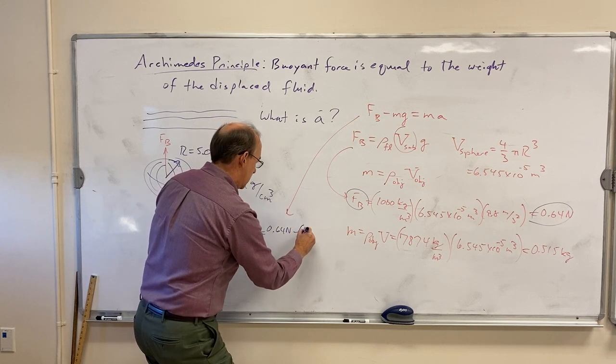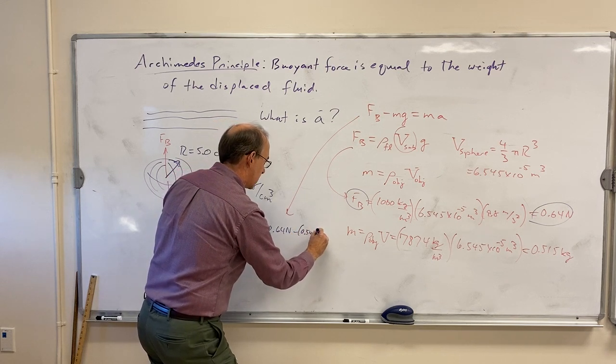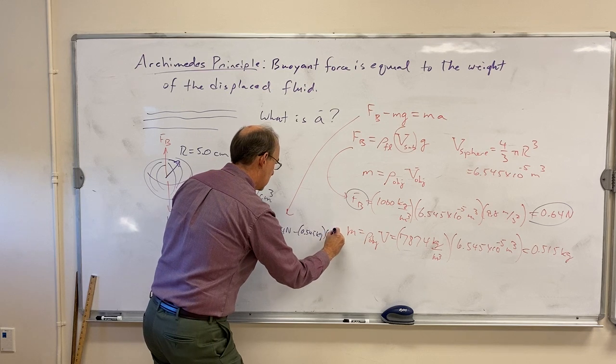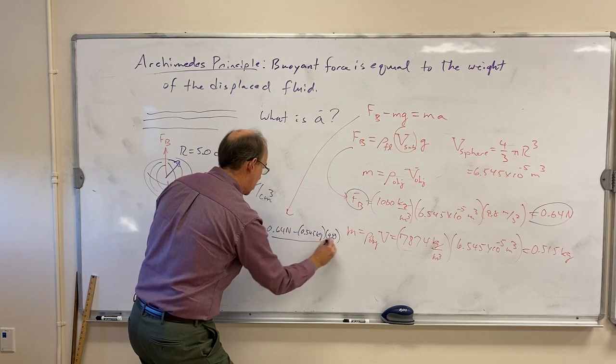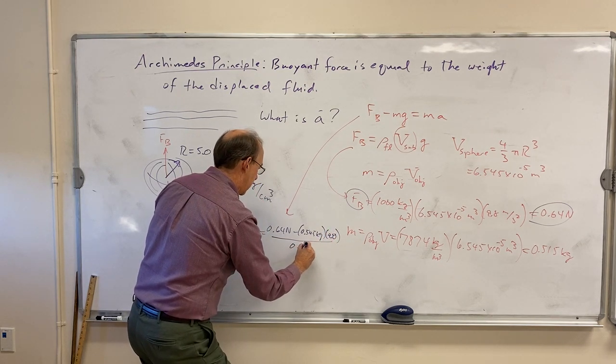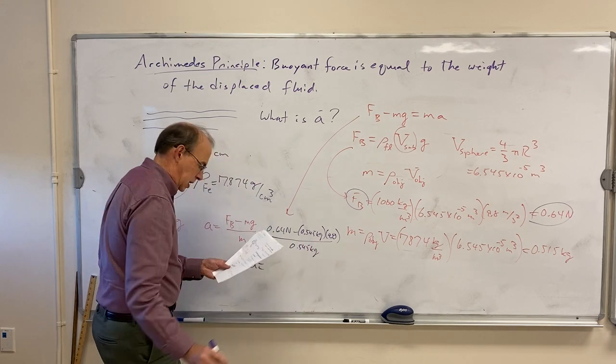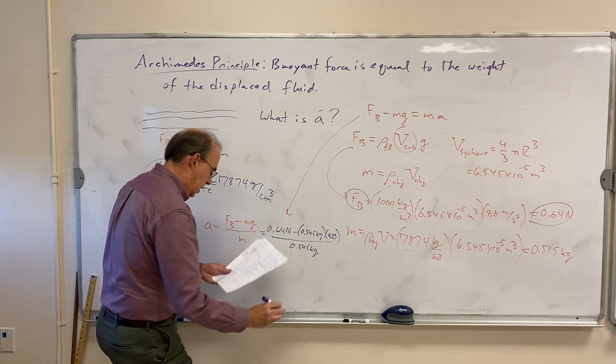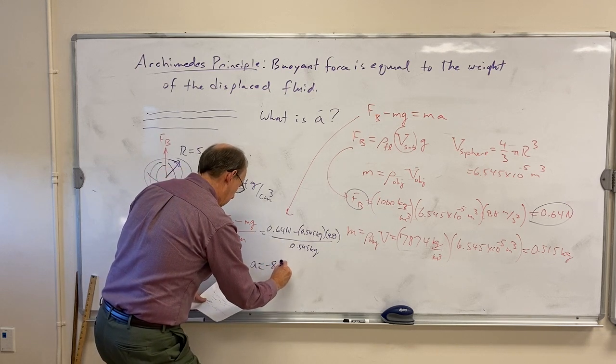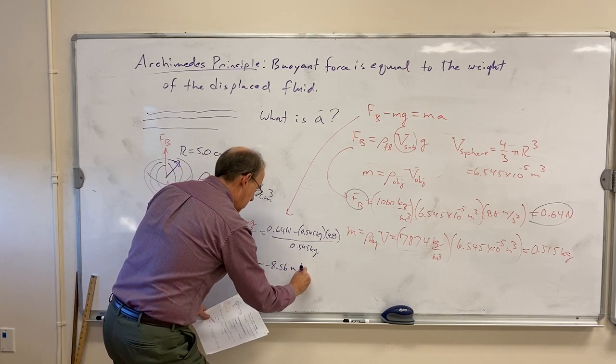M is 0.545 kilograms times 9.8 meters per second squared over 0.545 kilograms. And assuming I keyed all that in right, I certainly hope I did, that gives me minus 8.56 meters per second squared.